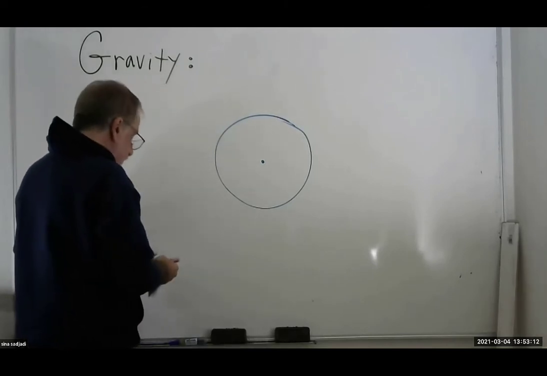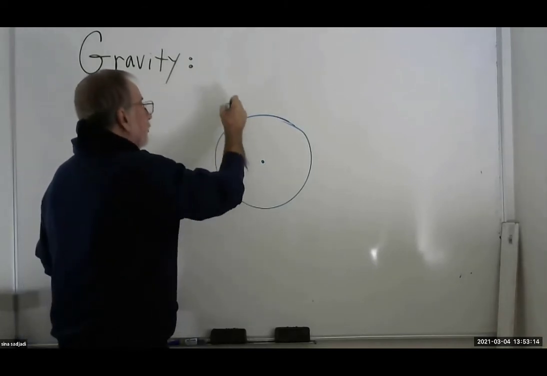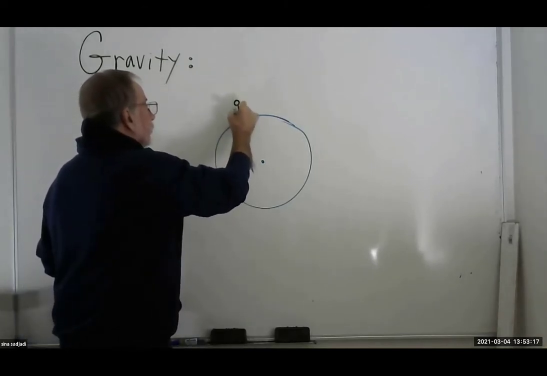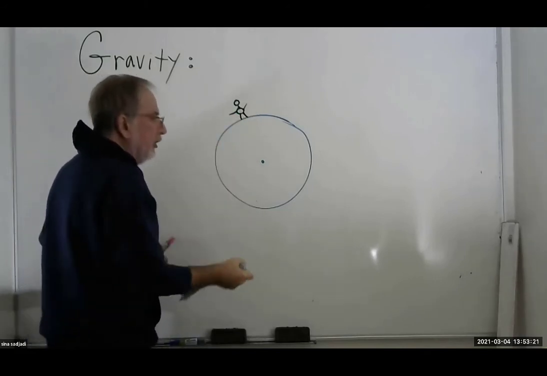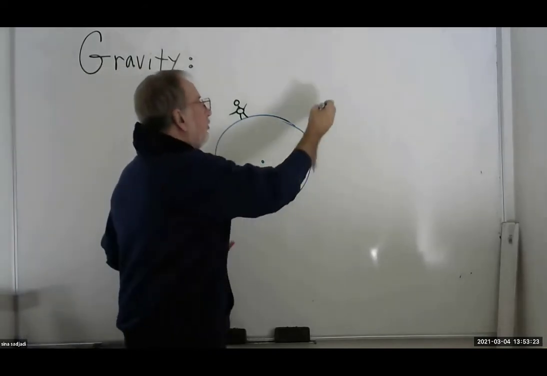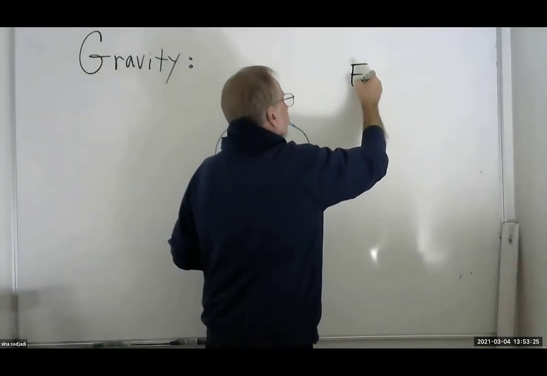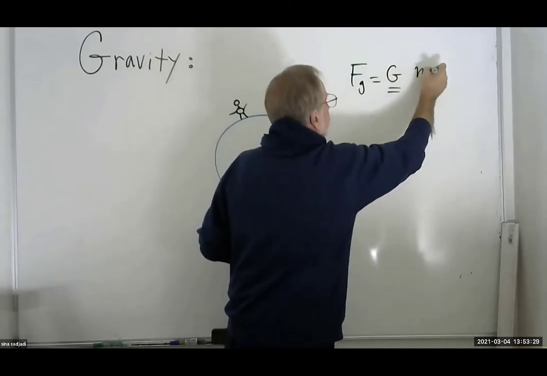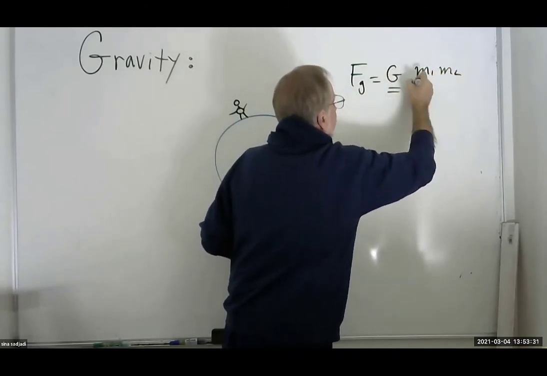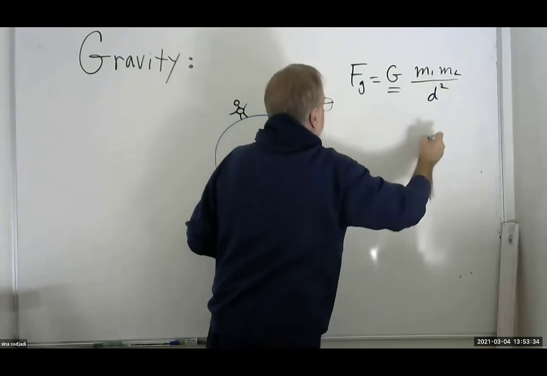And here I am on the surface of the Earth. Mass of the Earth, I can call either m1 or m2. Remember, I'll put the formula here. Force of gravity is equal to the g, ignore, m1, m2, divided by d squared.